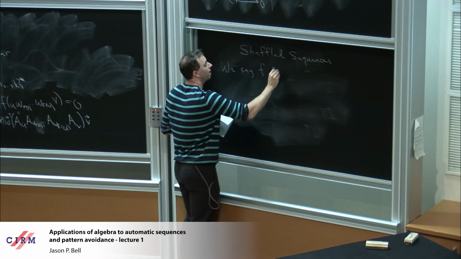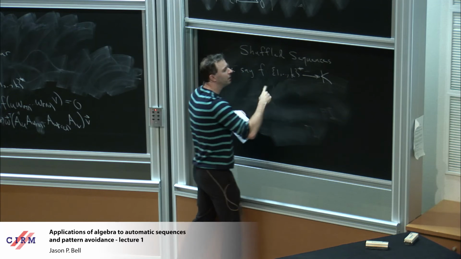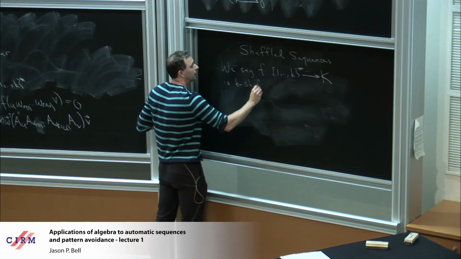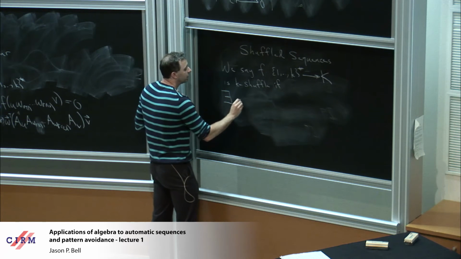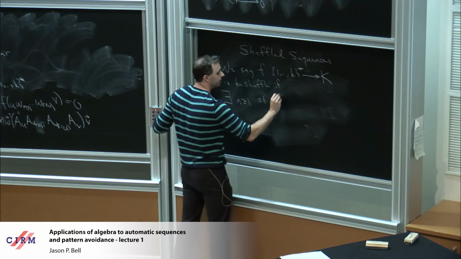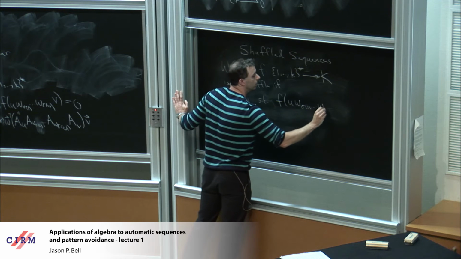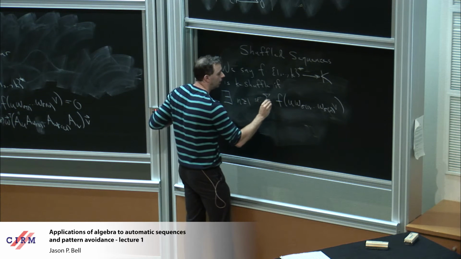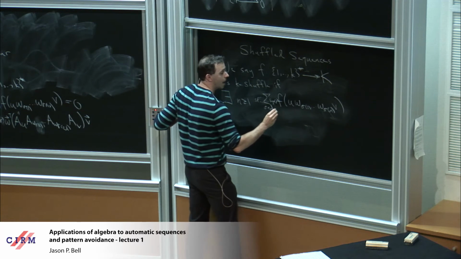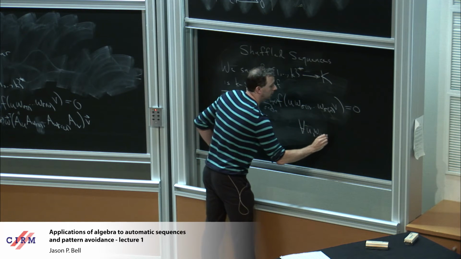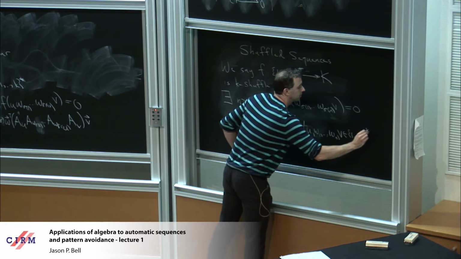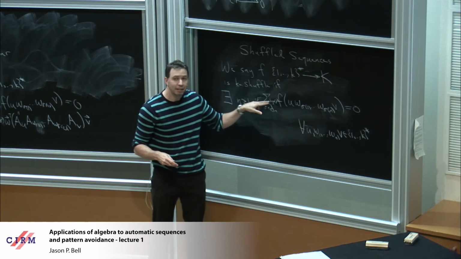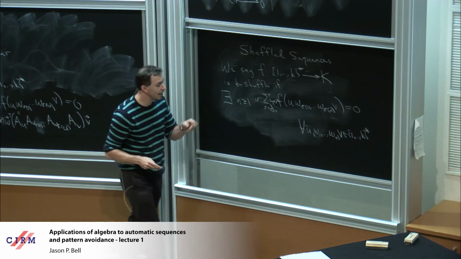We say that f, so I'm really thinking of it as a map from the natural numbers to K, is k-shuffled if there exists some n bigger than or equal to 1, such that basically I look at all possible ways of shuffling the intermediate n words, and I weight them by the sign of the permutation, and when I sum, I get 0. That's a k-shuffled sequence.